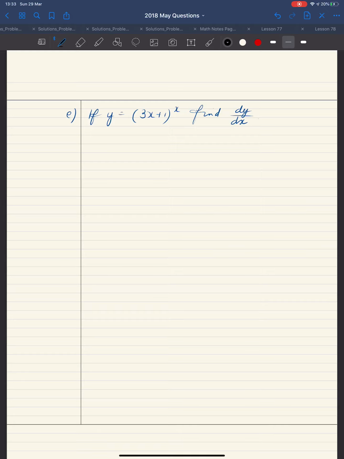E. If y is 3x plus 1 to the power x, find dy by dx. Right, so to do this, first of all we take logs of each side. And then using the rules of logs, bring that power down, the x can come down as a multiple.